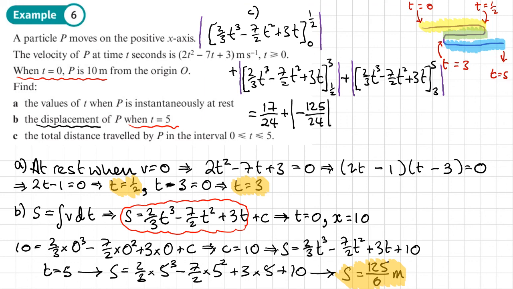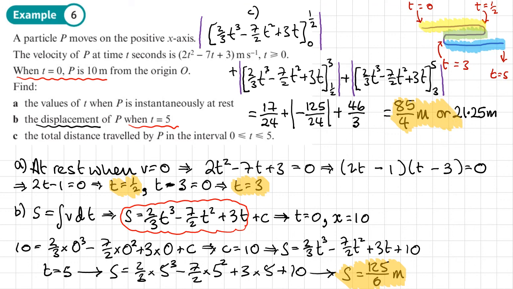And then we add what we get when we work out the one with limits between 3 and 5, and that will give us 46 over 3. Now if we add all three of those together, 85 over 4 meters. I suppose I could do that as 21.25 meters.